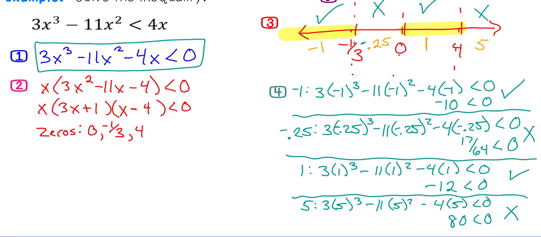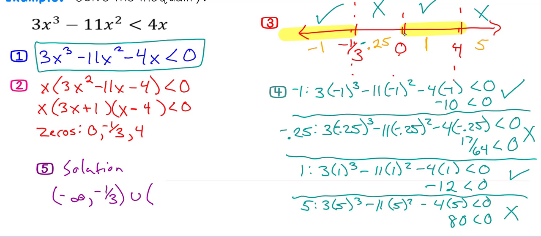So when I write it out, I'm going to put that over here so y'all can see that. So my solution is going to be from negative infinity until negative 1/3, or it's going to go from 0 to 4.